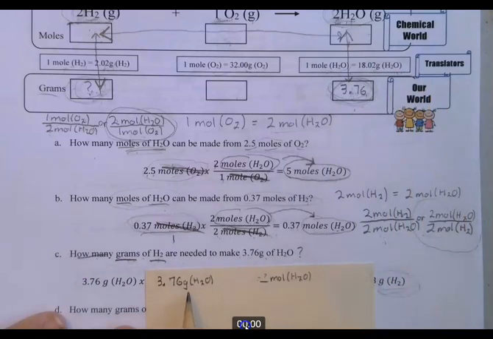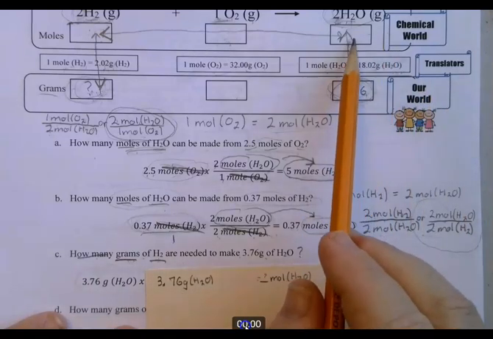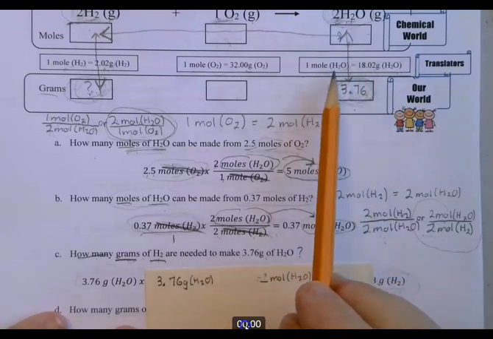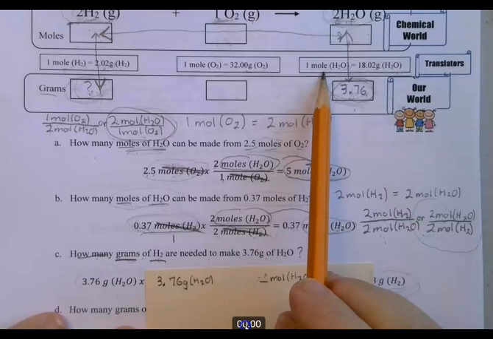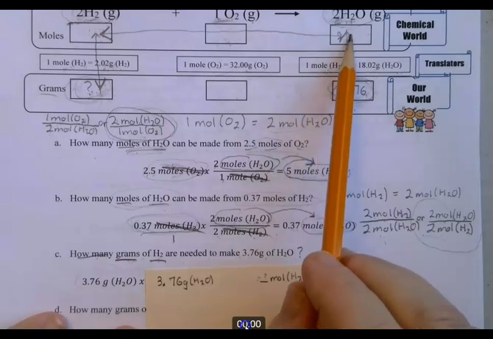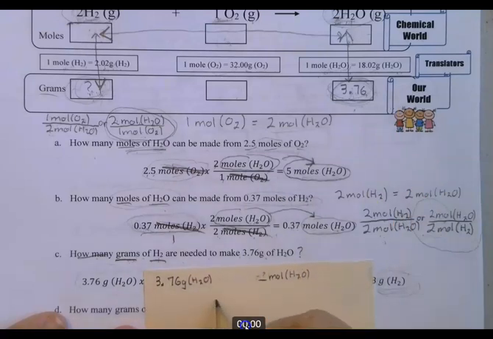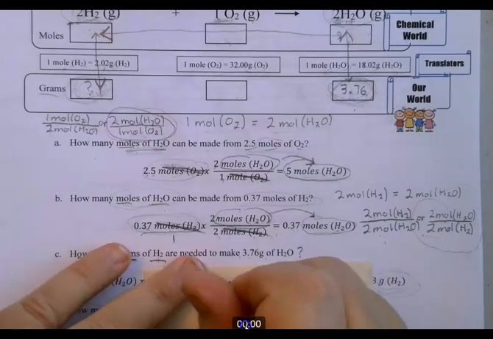Well, I'm starting here with grams of H2O. I want to get to moles of H2O. So which one of these 2 things do I want on the top and which one do I want on the bottom? Well, whichever one you're trying to get to, you want that one on the top. So what I want here is 1 mole. This should be up here. Let me actually write it.